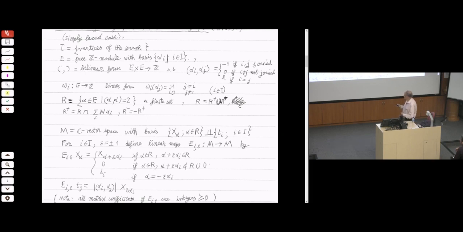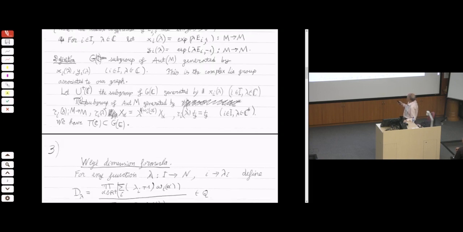So in this form, the matrix of this Ei epsilon consists entirely of positive entries, I think.